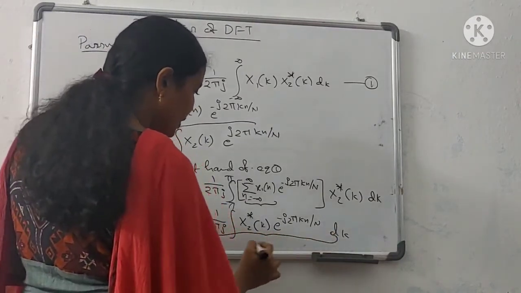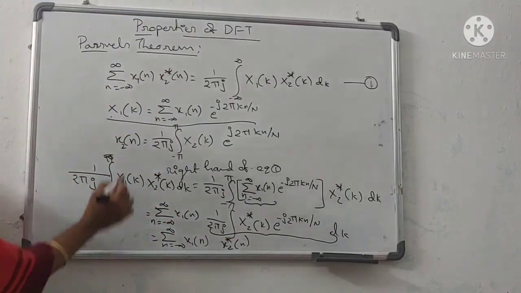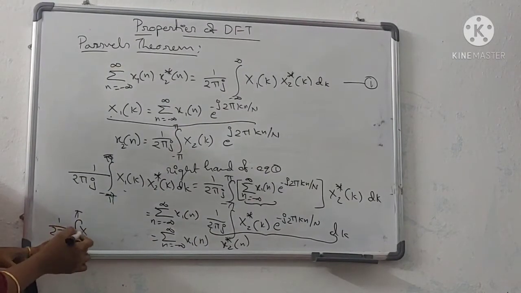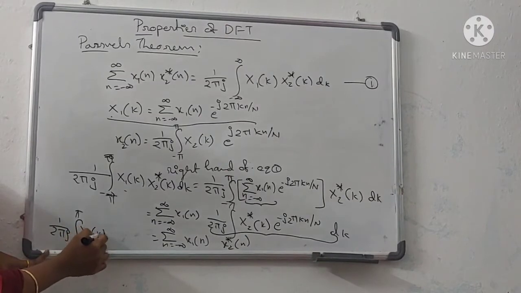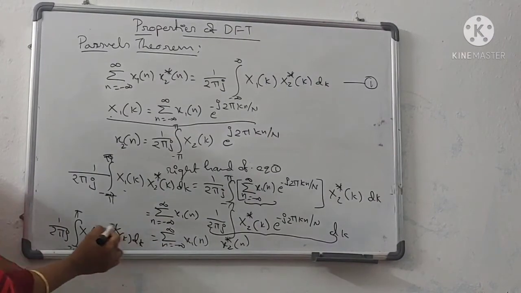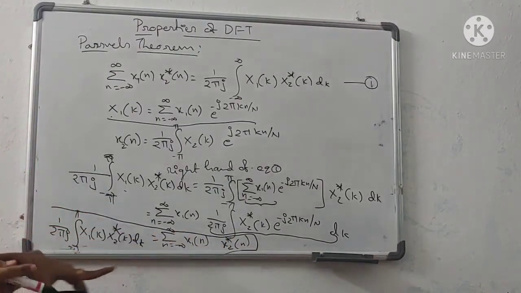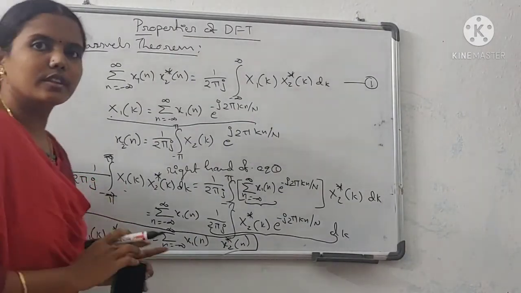What is this value? This is x2 conjugate of n. Okay, now 1 by 2 pi j integral, minus pi to pi, so you have to take the limits minus infinity to infinity or pi to pi, of x1 of k and x2 conjugate of k dk, which is equal to summation n equals minus infinity to infinity of x1 of n into x2 conjugate of n. Okay, so this is Parseval's theorem.